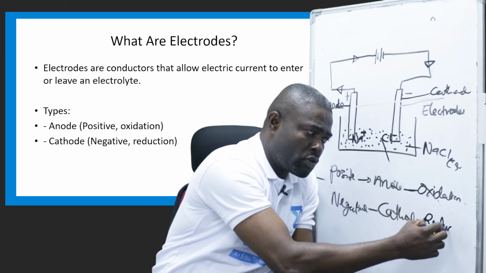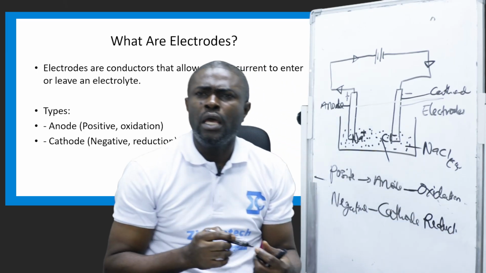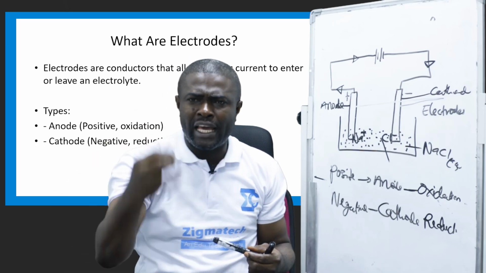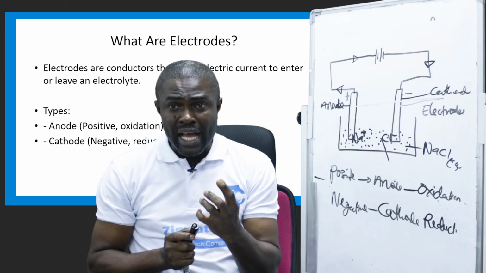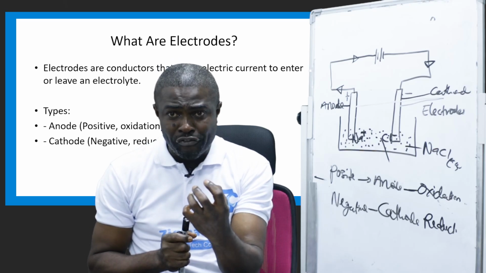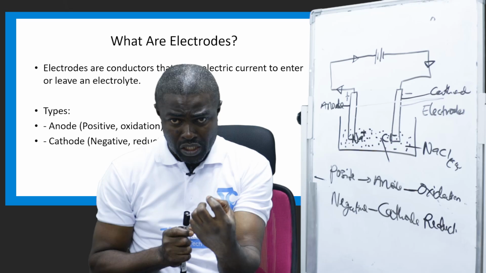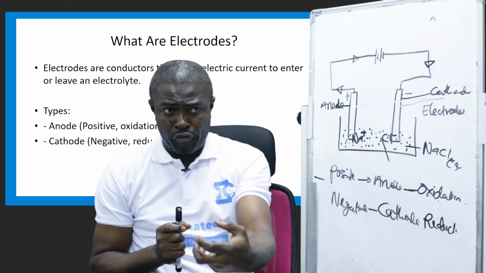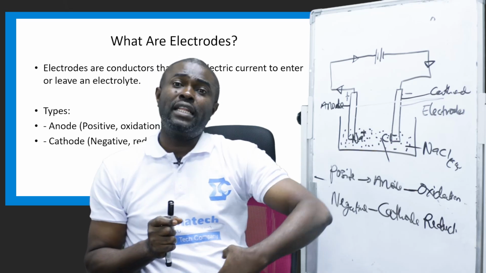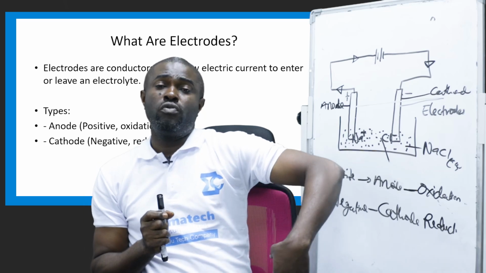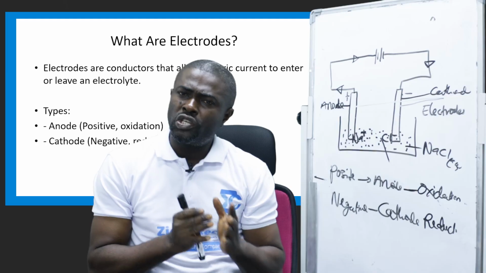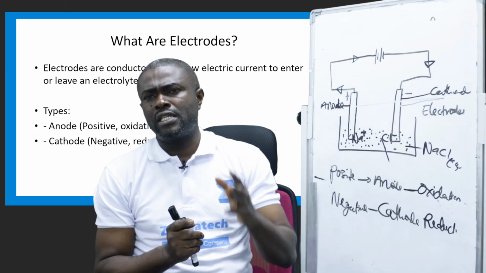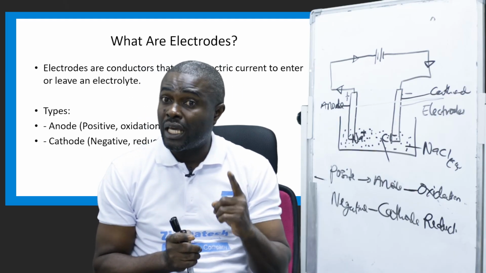Reduction reaction. Why? Because there is gain of electron. The cathode, which is the negative electrode, is actually accepting the flow of electron coming there, because through this medium the electron flows in, while at the anode the electron is moving out from there. So that means that oxidation reaction is actually taking place at the anode.